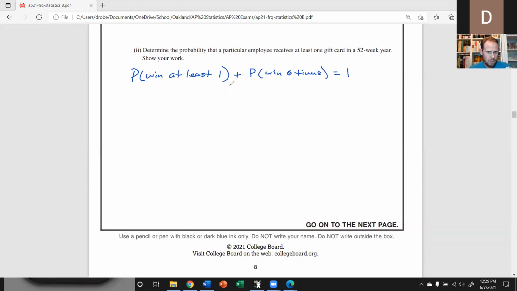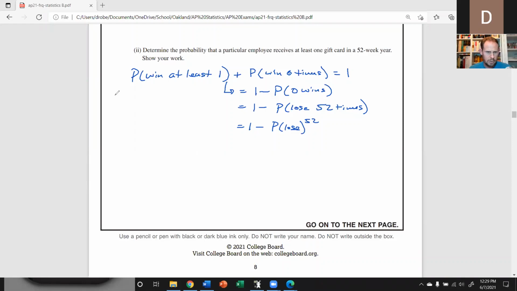So the probability of at least 1 would be equal to 1 minus the probability that they win 0 times. That's 1 minus the probability that they lose 52 times, which is 1 minus the probability that they lose on any given time, to the 52nd.